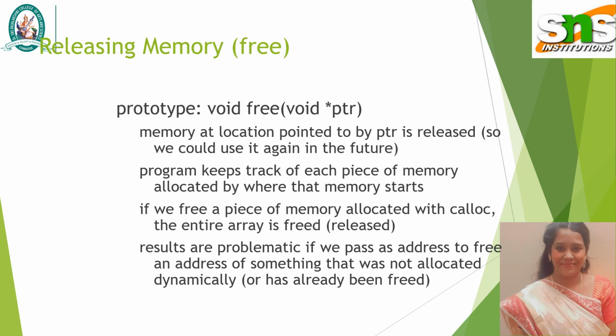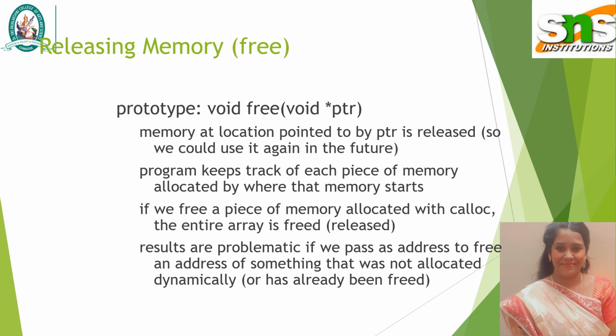Now when we go for free, it is a prototype. The memory at a location pointed to by the pointer is released so that we can use it again and again in the future. The program keeps track of each piece of memory that is allocated and where that memory is getting started.